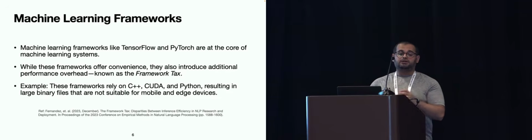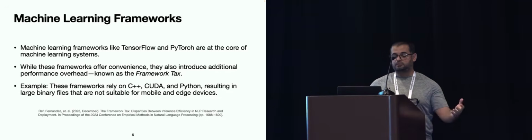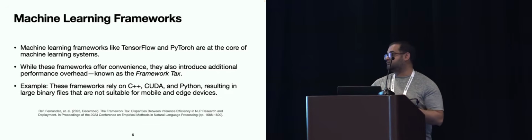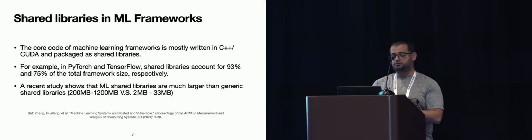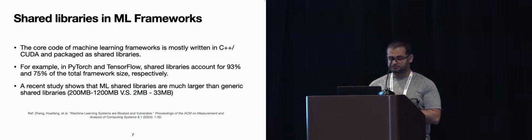Ultimately, the binary size of those libraries ends up huge, which makes it difficult to run them on edge devices and mobile devices. Shared libraries make a main contribution to this issue. That's why this paper is focusing on debloating shared libraries for machine learning frameworks.